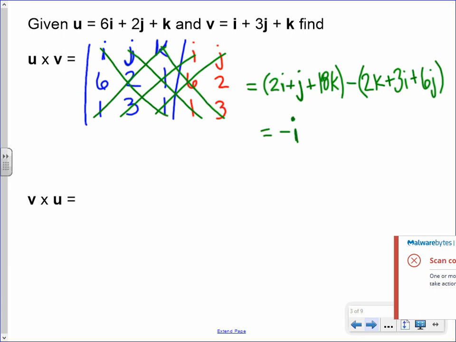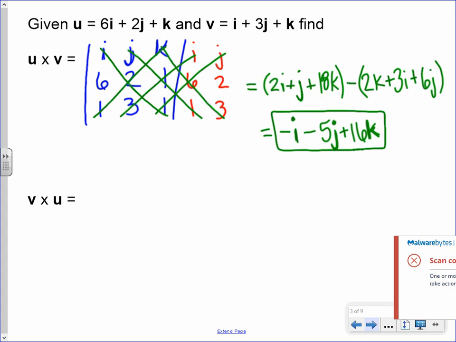We have j minus 6j. And then we have 18k minus 2k. So there's our vector. Okay, dot product gets us a scalar, cross product gets us a vector.